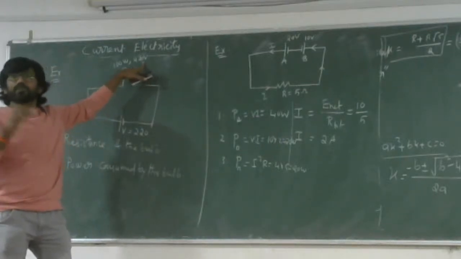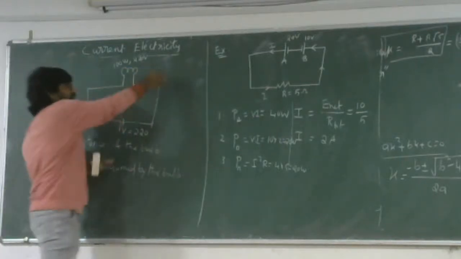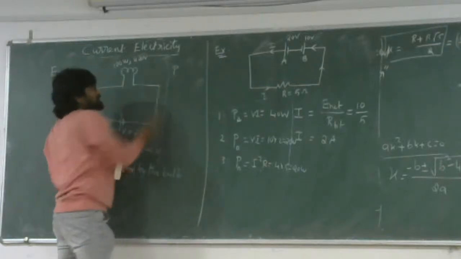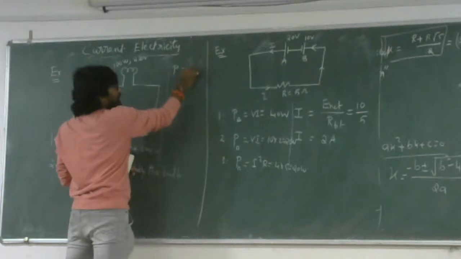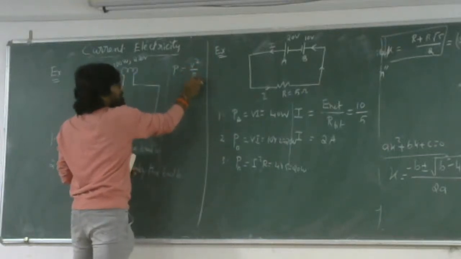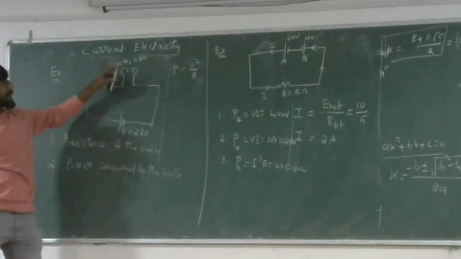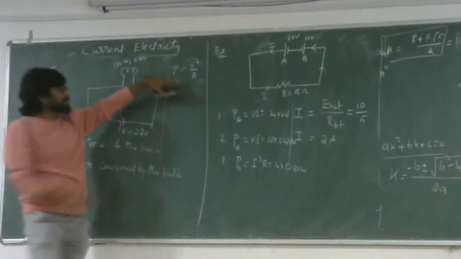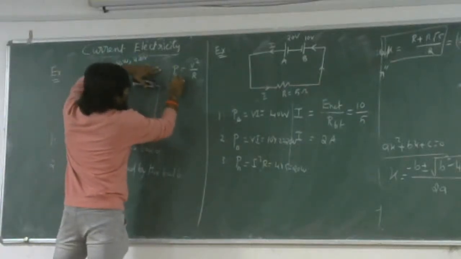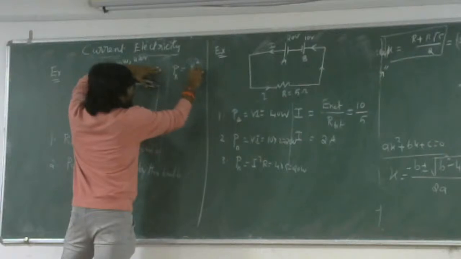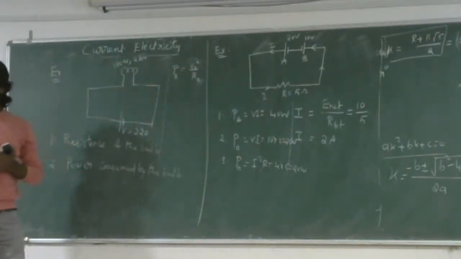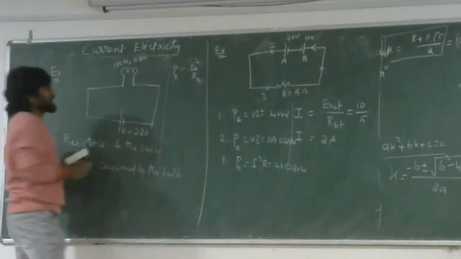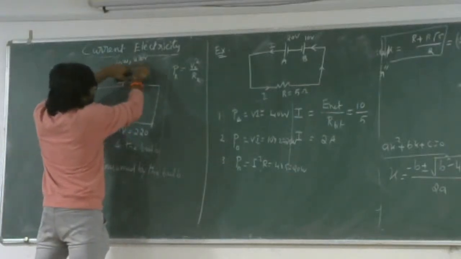We know power in terms of voltage and resistance: P is equal to V square by R. So we can also write it as rated power is equal to rated voltage square by rated resistance. Is it clear?